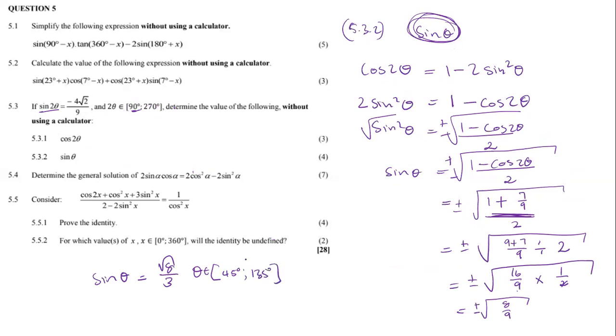Then you write that your theta is an element within that interval. So if it is within that interval, instead of taking negative or positive, we can just take positive and substitute with our reason over there. So this is how we solve 5.3.2.